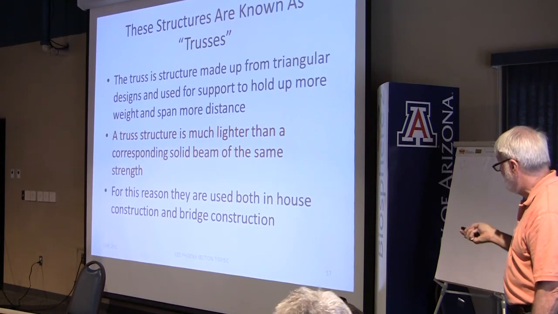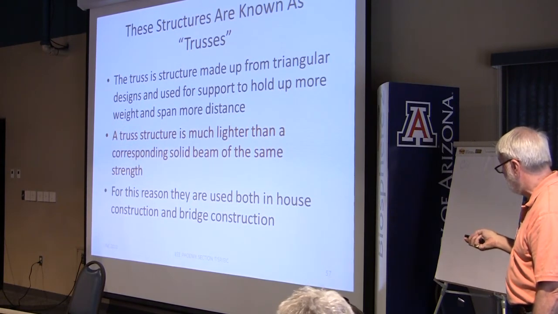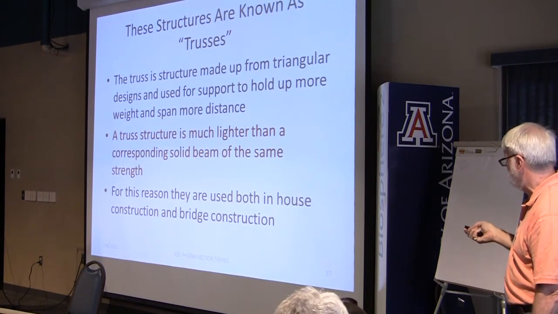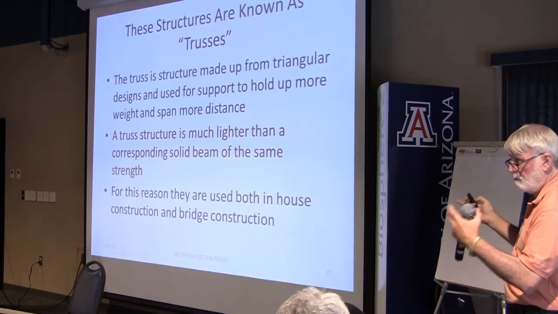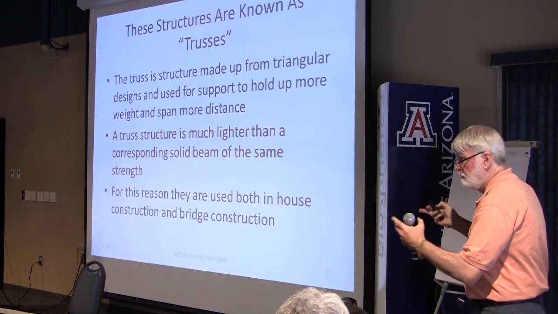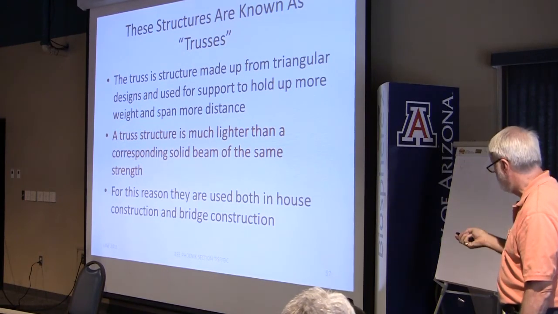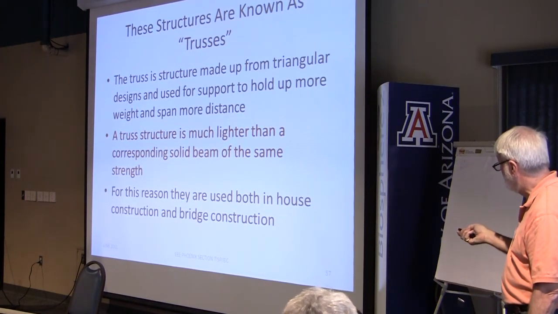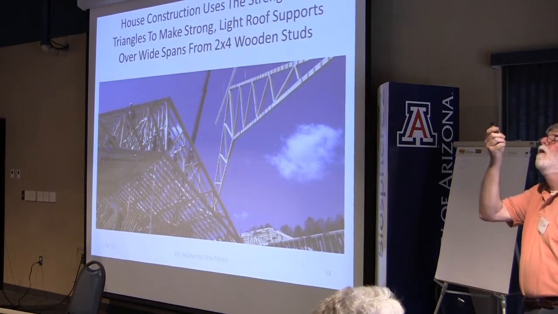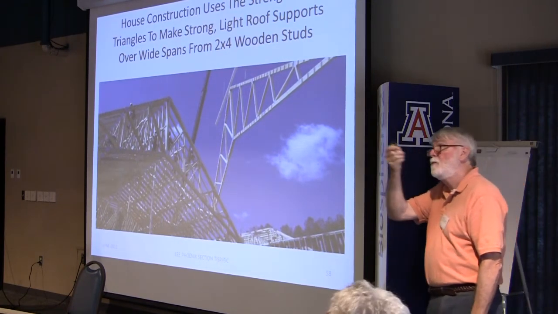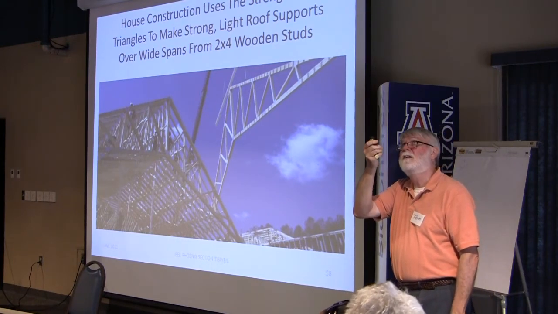And trusses wind up being used not only in house construction, but in virtually all bridge construction. No matter what the basic structure is, you'll find sub-elements of it that are triangular truss structures. Look above your head. You can see we got tons of it running across here.